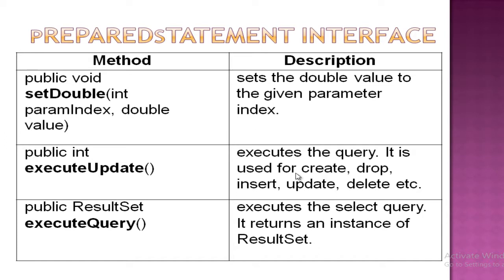It is used to create, drop, insert, update, delete, etc. So public ResultSet executeQuery executes the select query, and it returns the instance of the ResultSet. Right? So these are the PreparedStatement methods: setInt, setDouble, setString, setFloat, executeUpdate, and executeQuery. Right?